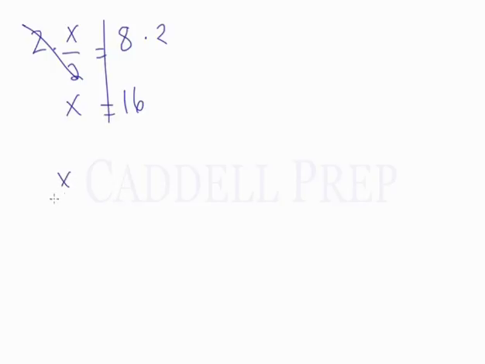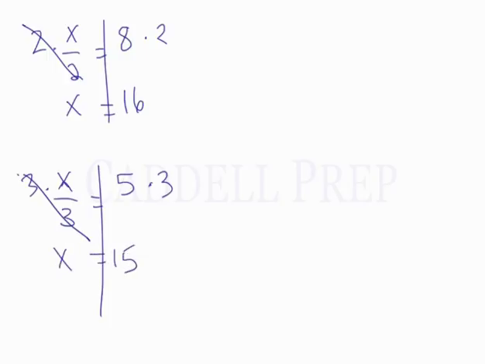Okay, let's also try x divided by 3 equals 5. So x divided by 3, the inverse of dividing by 3 would be to multiply by 3. And we have to do that to both sides of the equation, of course. So we have x equals 15.